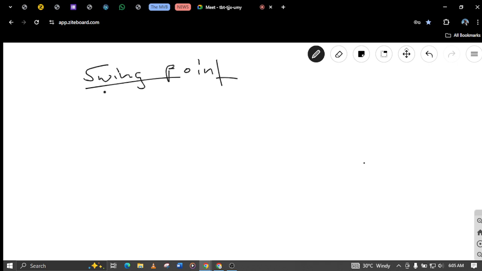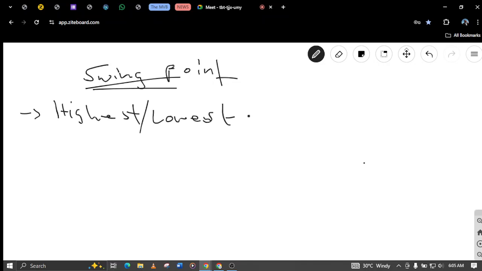So when we talk about swing point, these are the highest point or the lowest point, the lowest point in the structure.